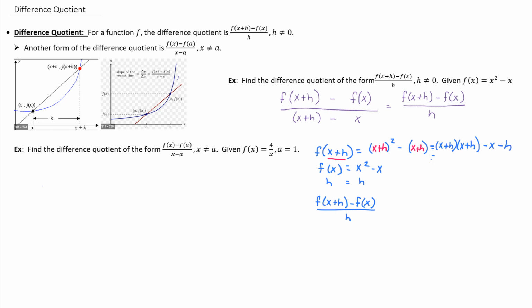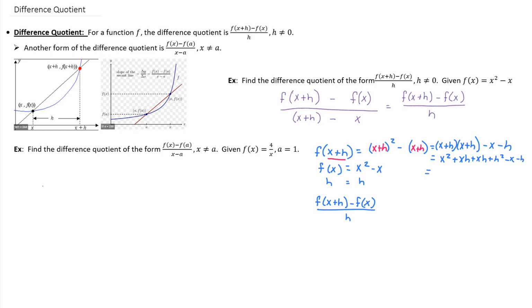So now I'm going to go ahead and FOIL first. X times x is x squared. Outside would have been xh. Inside is also xh or hx, but that's the same thing, so just put it in the same order. And then last is h times h, which is h squared. And then minus your x minus h.